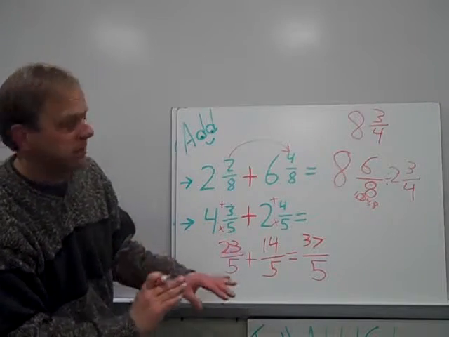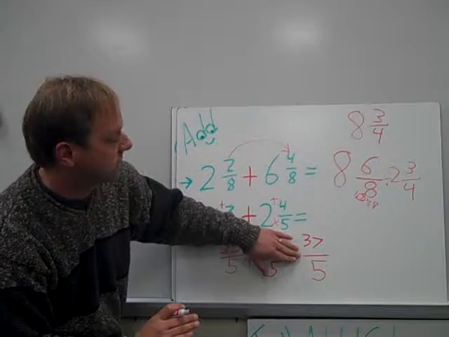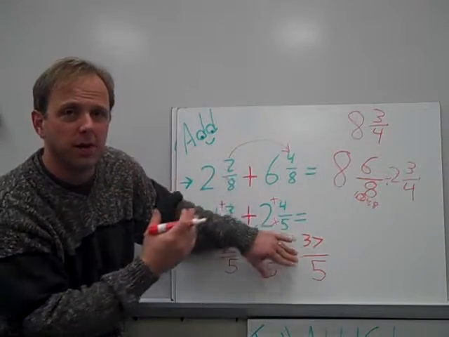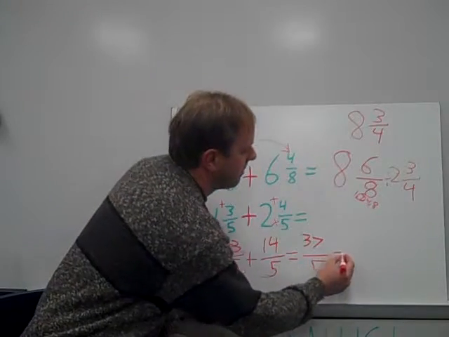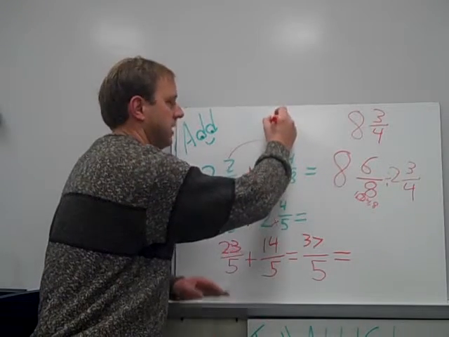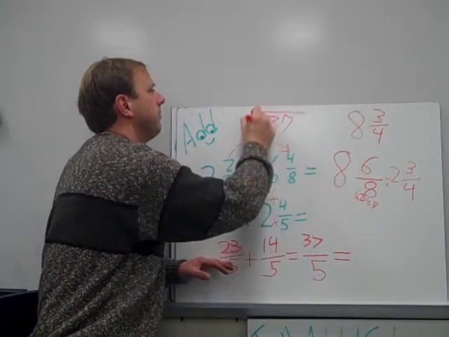Now, sometimes there will be situations where that is my final answer. However, I would like you always to take the next step and convert this back into a mixed number. So remember, we can just say 37 divided by 5.